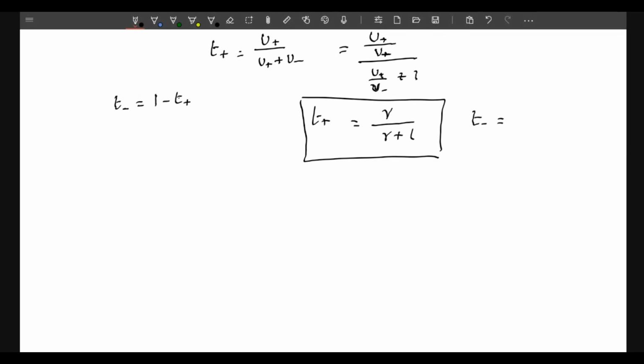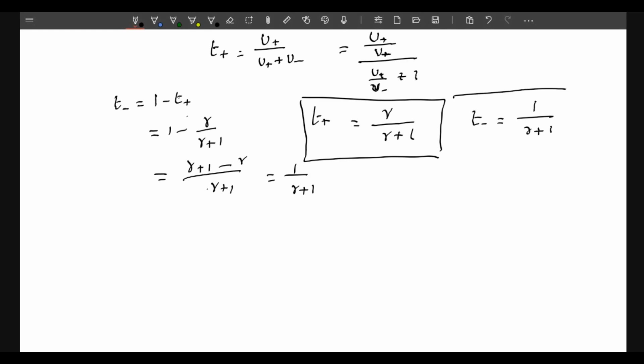Therefore, 1 minus T plus, with T plus given by R by R plus 1, you will get 1 by R plus 1. Therefore, 1 by R plus 1 is the equation for T minus.